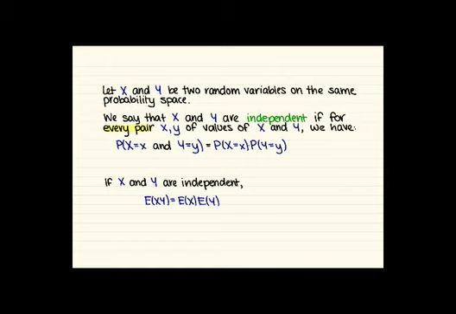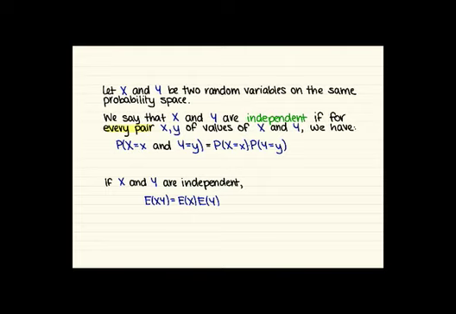This looks similar to our definition of independent for events, and that makes sense because here we're really just looking at the event that X is x and the event that Y is y. And then looking at all the different possible values there, it should be independent for all of those values.